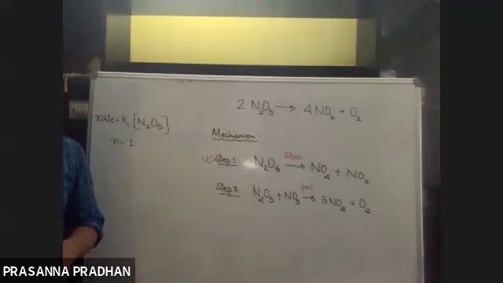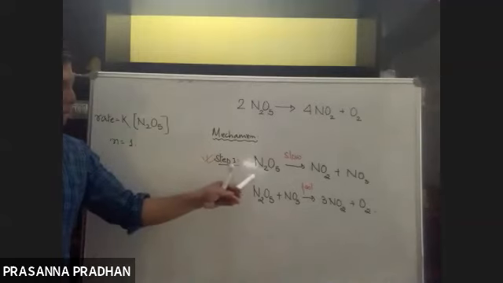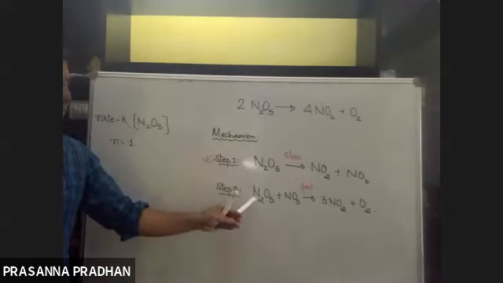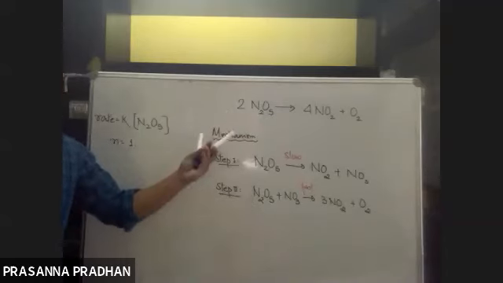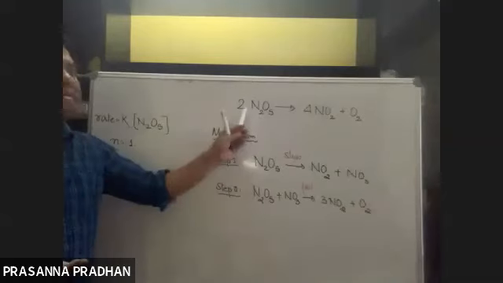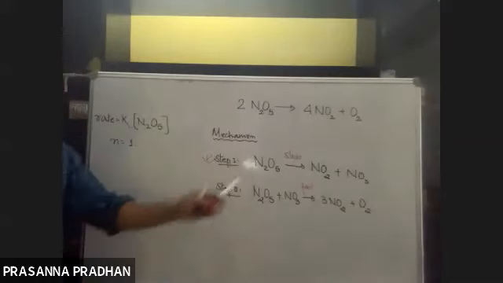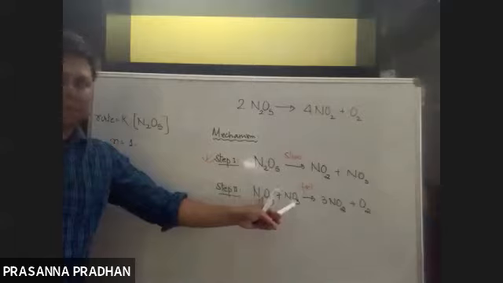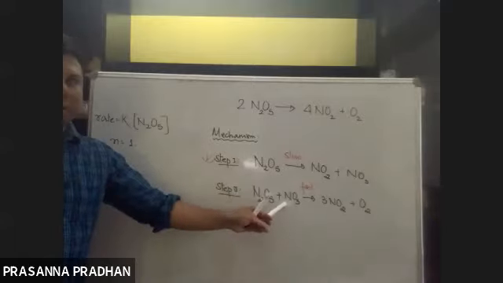Will it be an average of 1 and 2, 1.5? Will it go like that? Here, the molecularity of step 1 is 1. The molecularity of step 2 is 2. So the molecularity of the overall reaction is meaningless. Why? Because each step has its own molecularity.